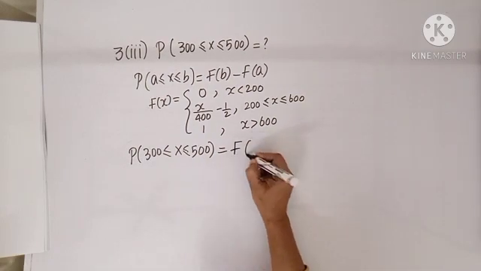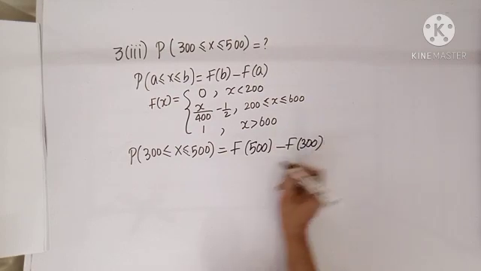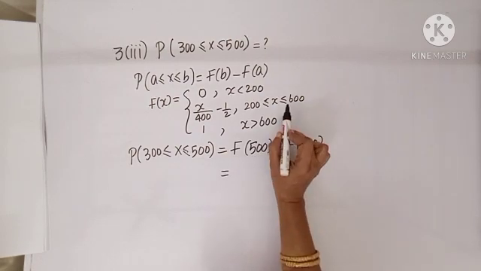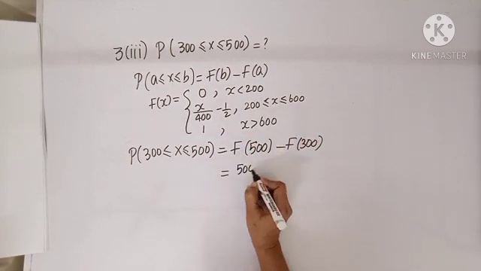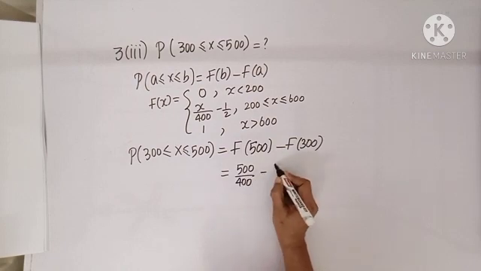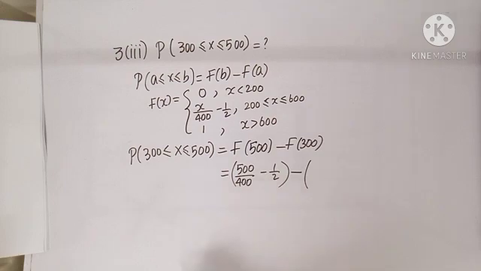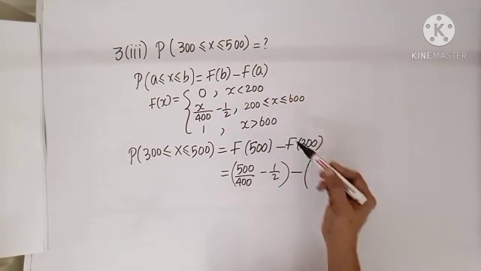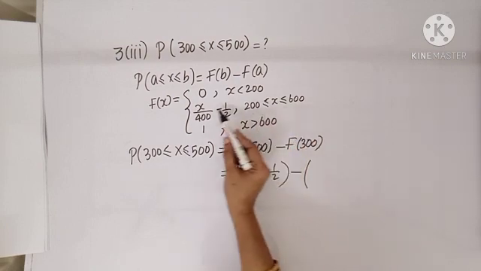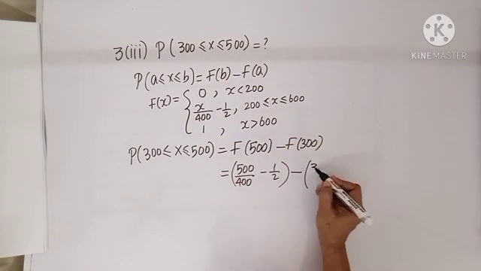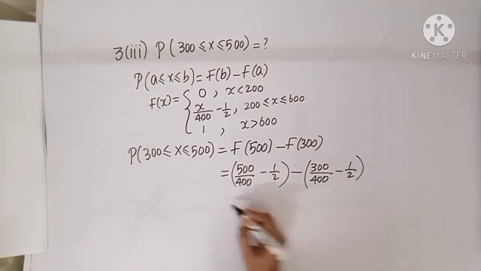It is F of 500 minus F of 300. 500 falls in the middle interval, so I substitute 500 into x by 400 minus 1 by 2, minus, where does 300 fall? In the three intervals, 300 also falls here. So I will substitute 300 into x by 400 minus 1 by 2.